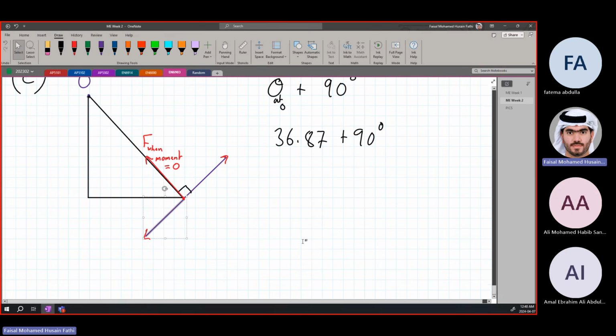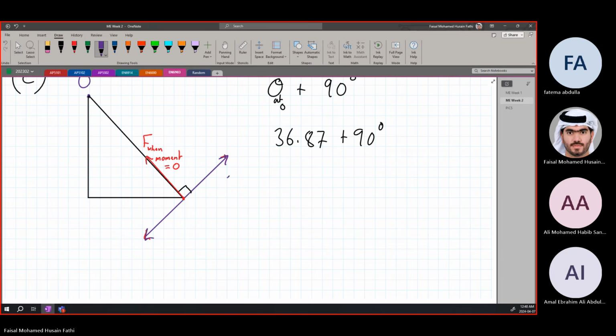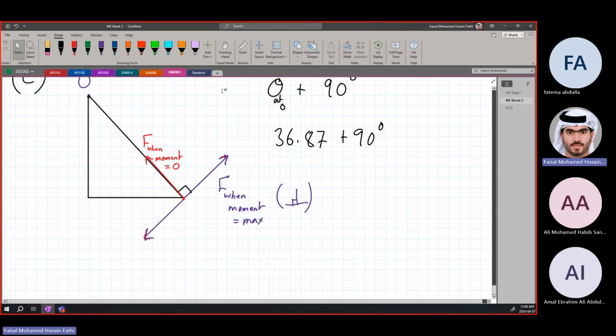These are when the force is, when the moment is equal to the maximum, perpendicular to the force. Okay. Because what does it mean when it's perpendicular? The distance is at the furthest perpendicular distance.